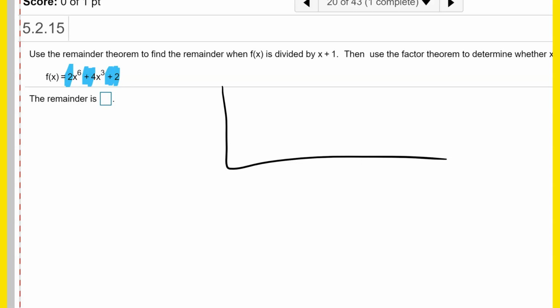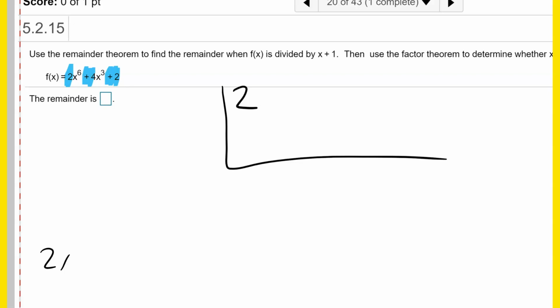Whatever the leading term is, this is 2x to the 6. I'm going to put a 2 as the first number. But then since the first term is the x to the 6th, the next number I write needs to be the coefficient of an x to the 5th term.